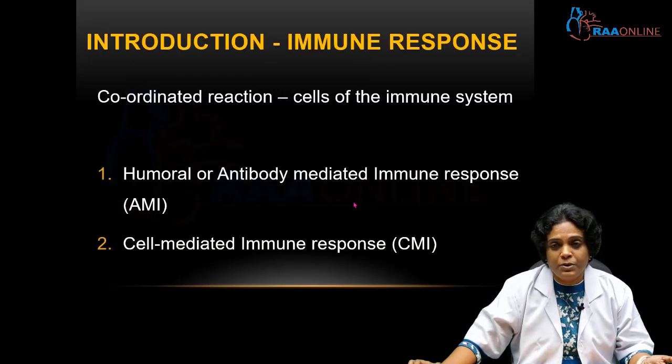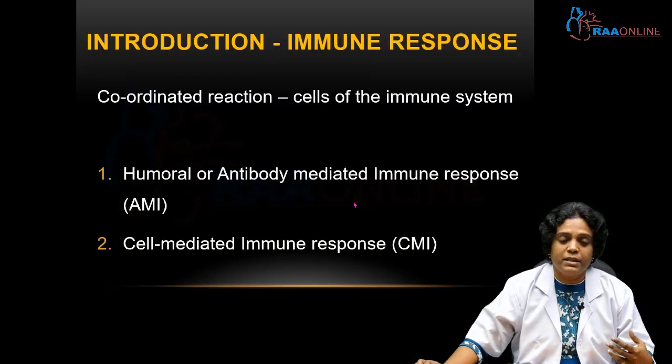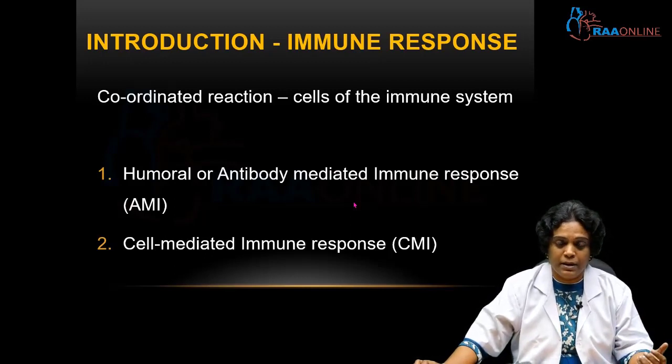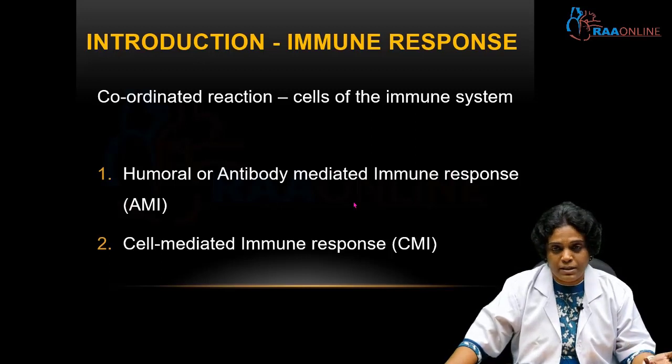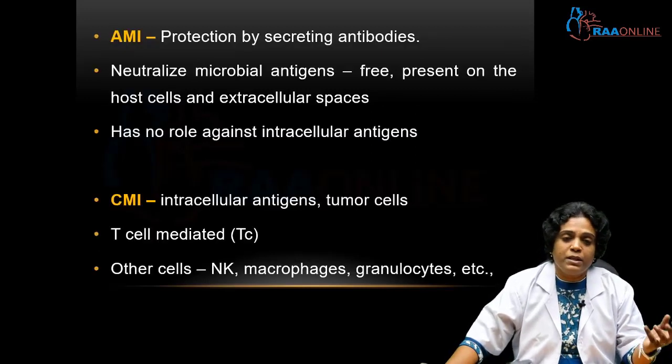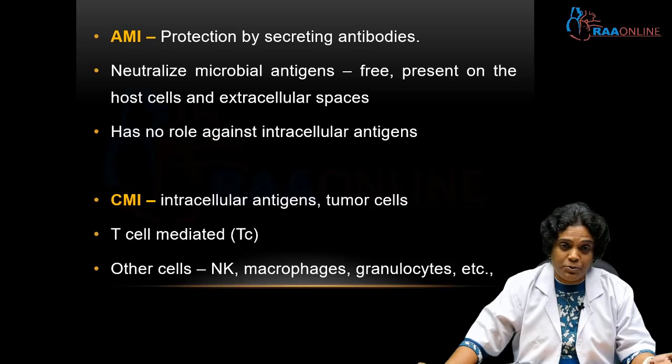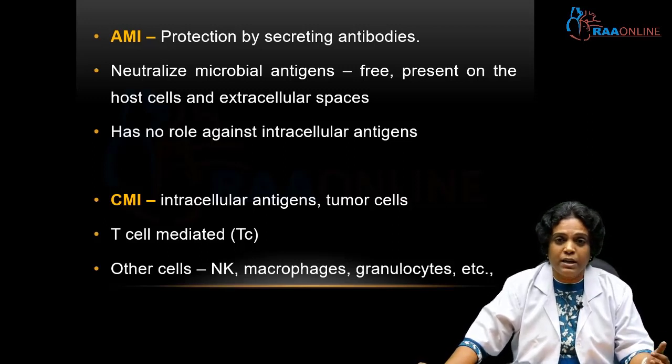So, to introduce this immune response, it is the coordinated reaction of the various cells of the immune system. It has two arms. One is the humoral or antibody-mediated immune response. The second one is the cell-mediated immune response. Now this antibody-mediated immune response, or AMI, secretes antibodies to protect the host.